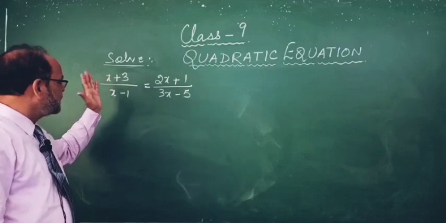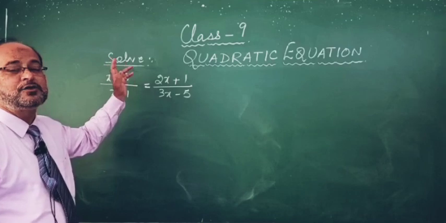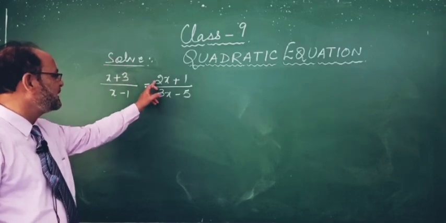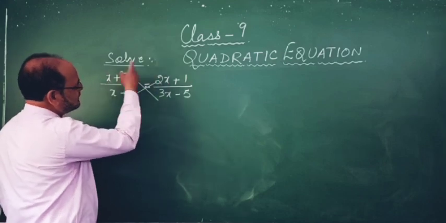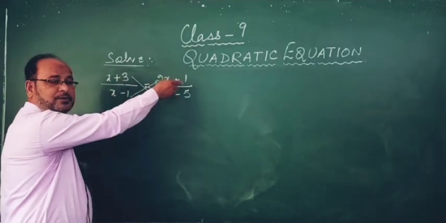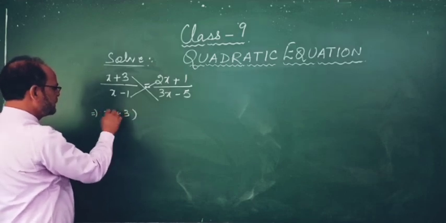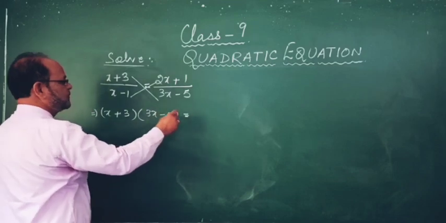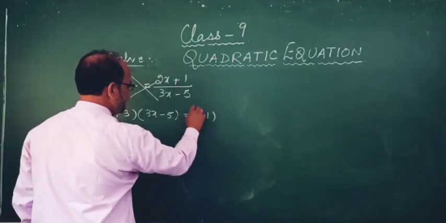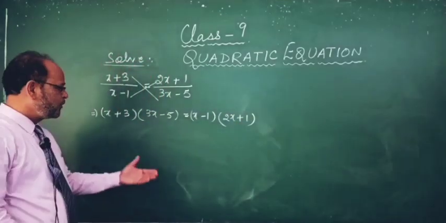Since we have fractions written on both sides of the equal sign, our job is to do cross multiplication here. We will multiply this term into this term and this term into that term. So we will write x plus 3 and 3x minus 5 equals x minus 1 and 2x plus 1.